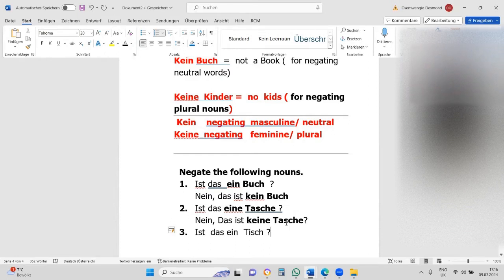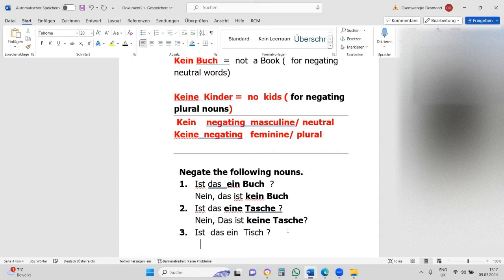Schau dir mal, ist das ein Tisch? So what do you first of all say to the person? Nein. Then, das ist kein Tisch. Again, nein. Das ist kein Tisch. Good.